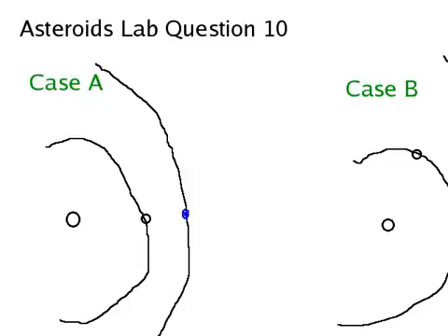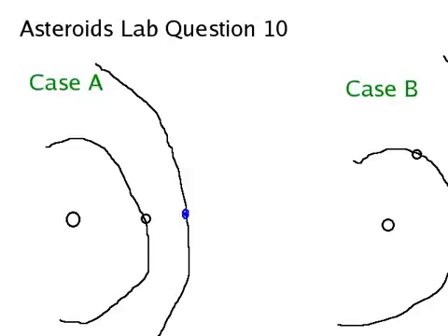Well, it says brighter or fainter, but if you look at the two sketches here, the distance of the Earth from the Sun is pretty much the same because it's on an almost circular orbit around the Sun. So the distance from the Earth and the Sun is not going to make any difference in how bright or faint the asteroid is.